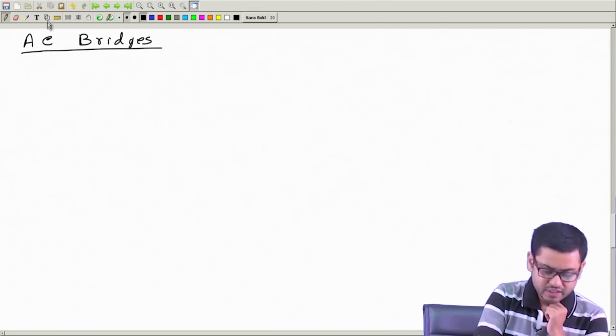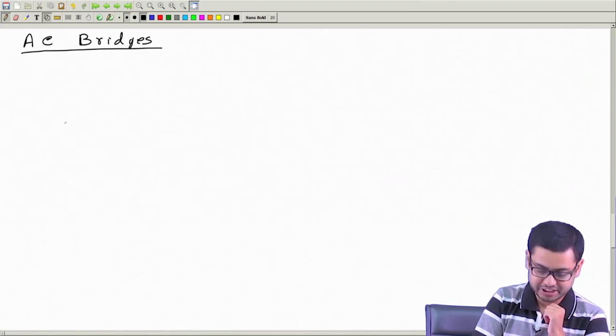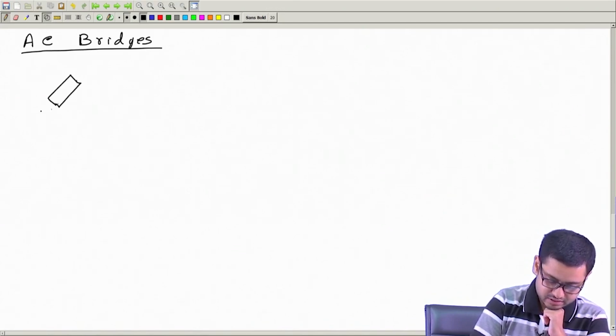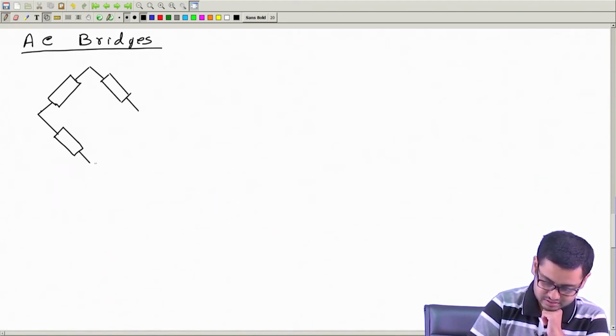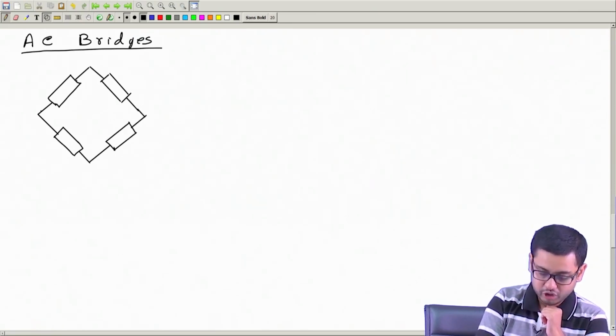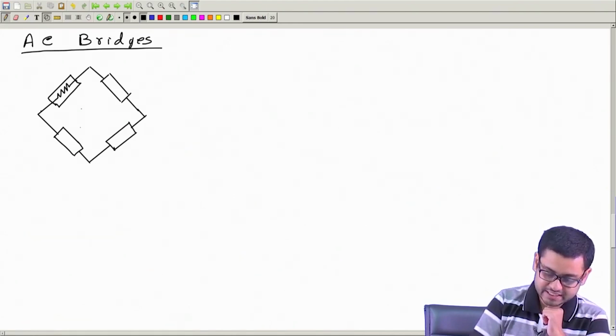So, this is a generalization of the Wheatstone bridge. What do we have in a Wheatstone bridge? We have 4 resistances connected like this. In a Wheatstone bridge, all these boxes denote some resistance.